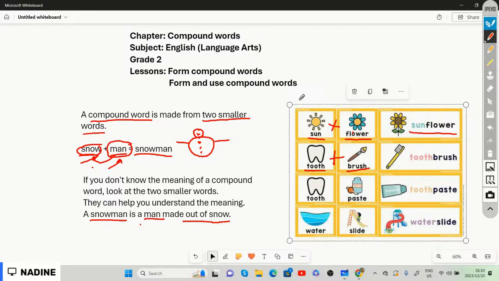But now if we put those two words together, tooth plus brush, it's a toothbrush, something that we use to clean our teeth.